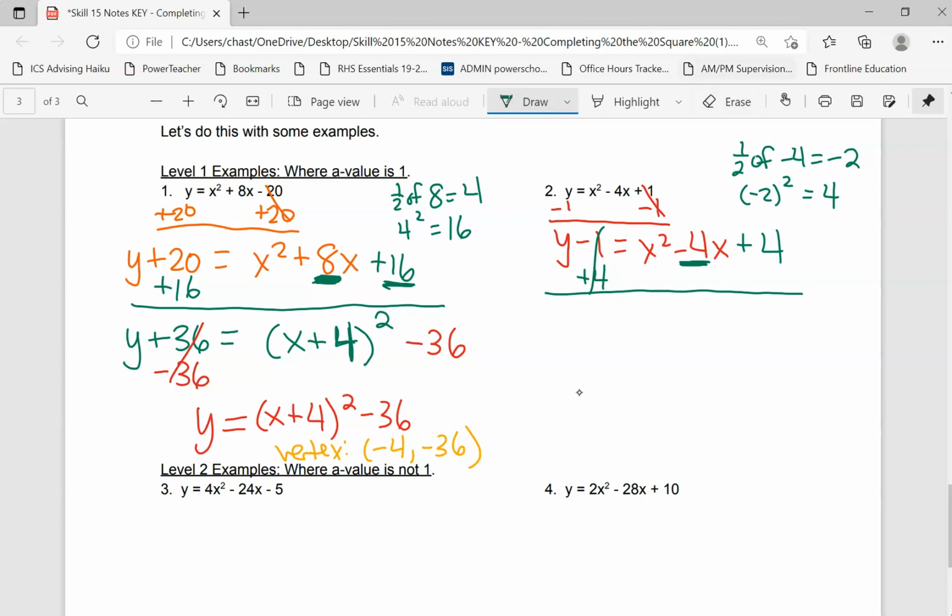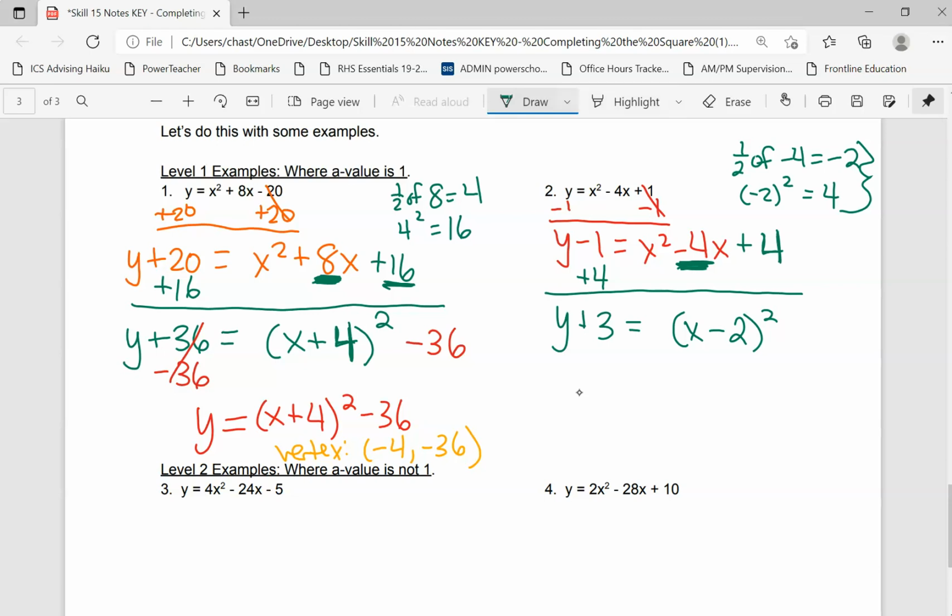Sorry, y plus 3 equals, the purpose of doing the steps we did up here is to complete the square. So what was our half of -4? Well, it was -2. And when you square that -2, you still get this 4. So this is how it factors.